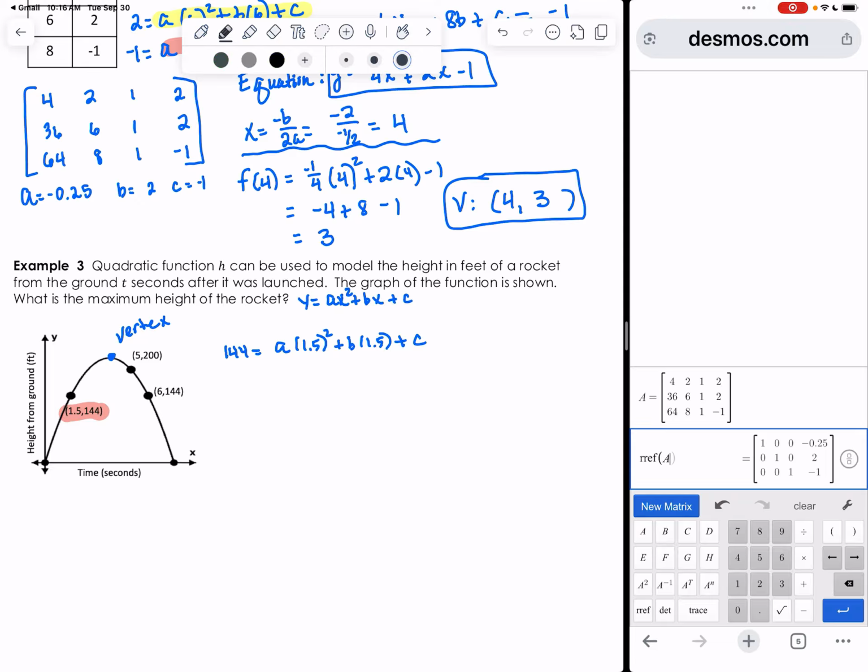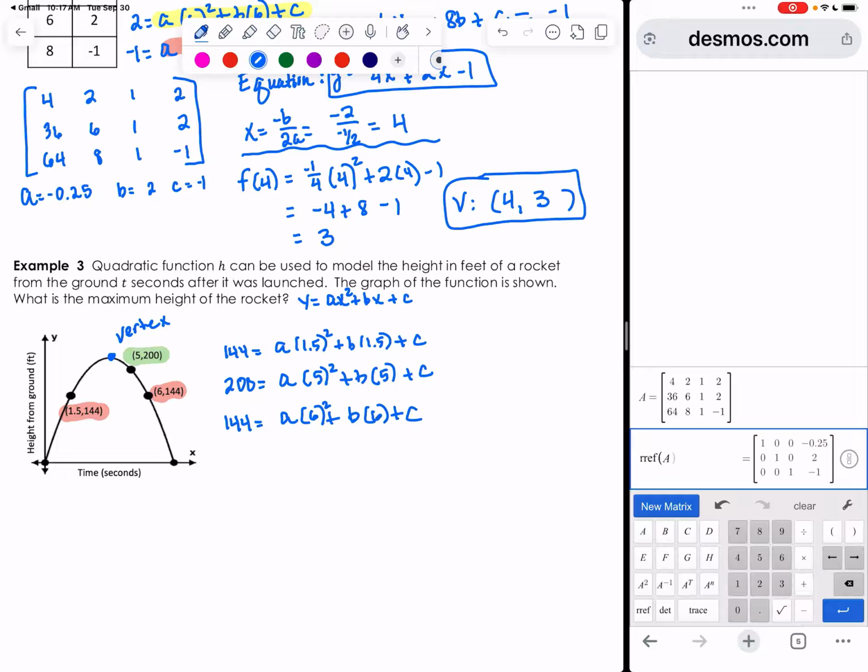Now I'll take my next point, and it really doesn't matter which order you do these in. 200 equals a times 5 squared plus b times 5 plus c. And now I'll take my third point, 6, 144. So 144 equals a times 6 squared plus b times 6 plus c.